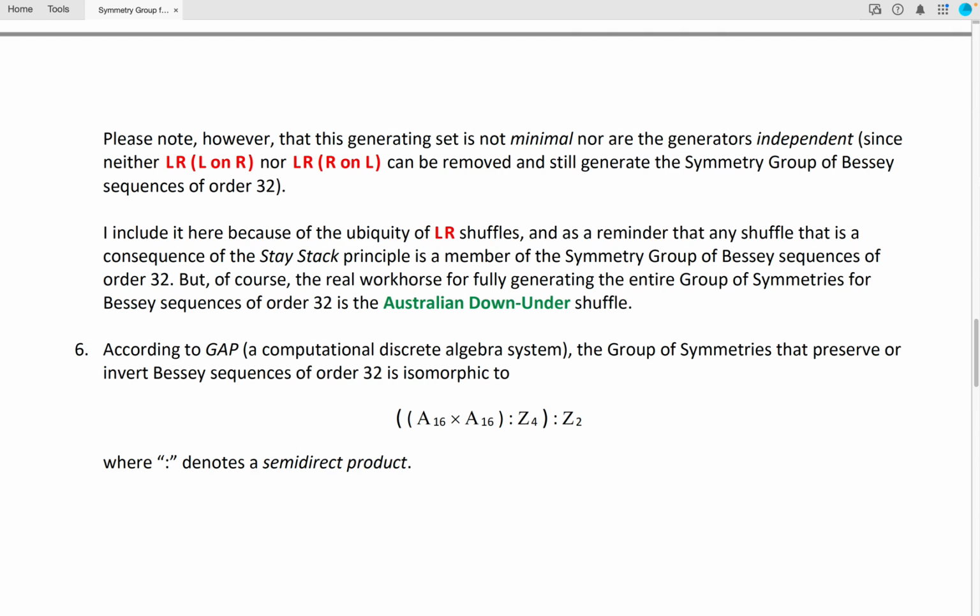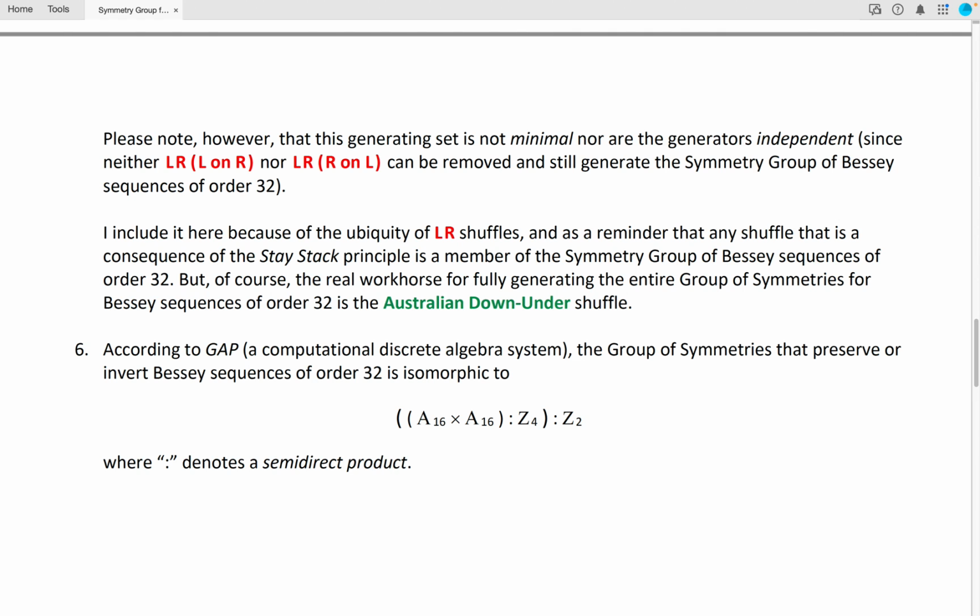I include it here because of the ubiquity of LR shuffles, and as a reminder that any shuffle that is a consequence of the stay stack principle is a member of the symmetry group of Bessey sequences of order 32. But of course, the real workhorse for fully generating the entire group of symmetries for Bessey sequences of order 32 is the Australian down under shuffle.